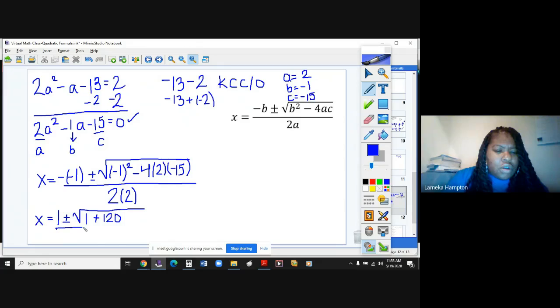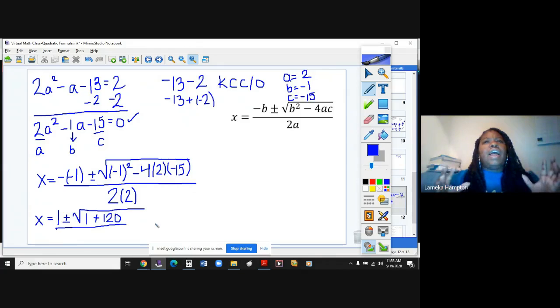Miss Hampton, why didn't you multiply 4 times 2 first? Because multiplication is, what's the word I'm looking for, associative. It doesn't matter where I start. I could have said negative 4 times 2, and that would have given me a negative 8.